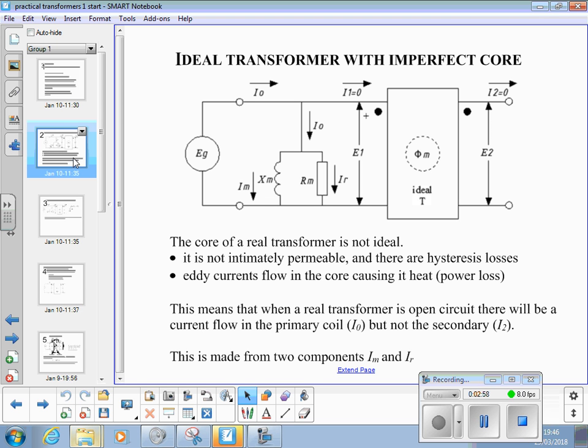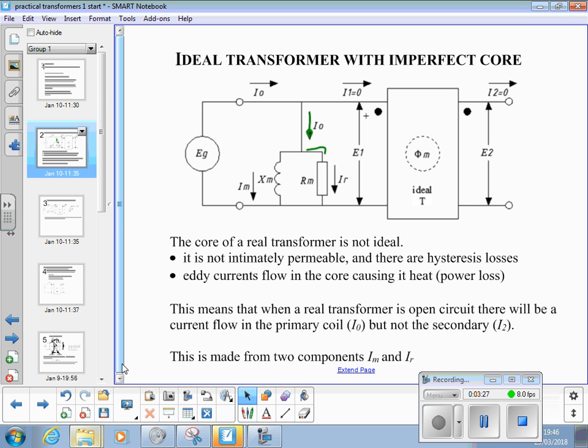This current is represented by two currents, IM and IR. These two parallel currents, I0 being down there, are made up of IR through a resistance and IM through a magnetising coil, representing the magnetising current.